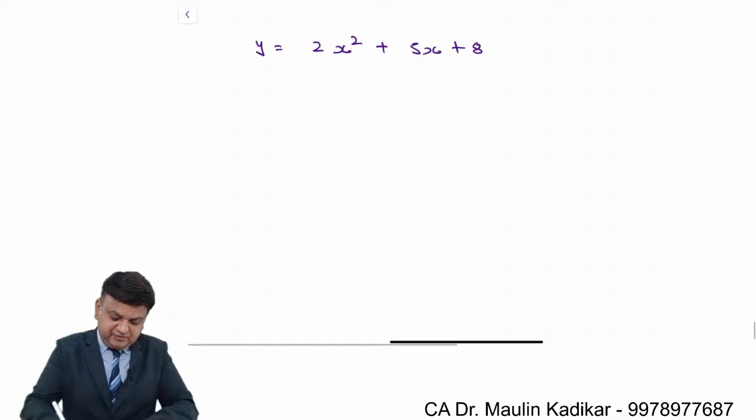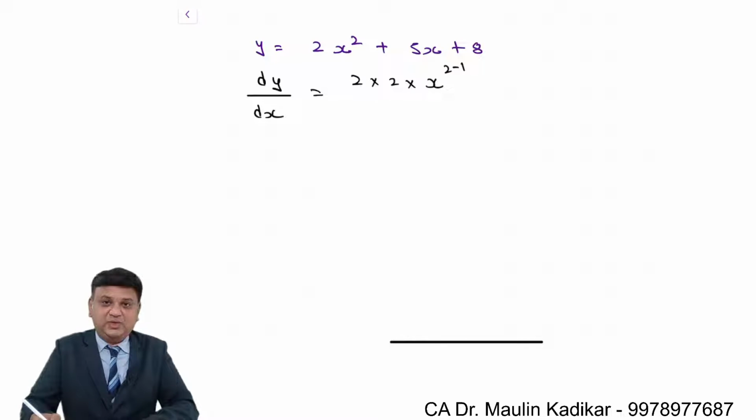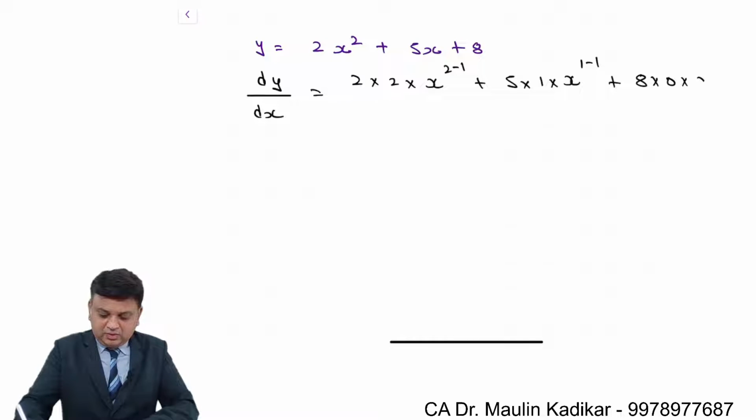Then in that case, we have a derivation like this, dy upon dx. How do you compute dy upon dx? It is 2 into 2 into x raised to 2 minus 1 plus 5 into 1 into x raised to 1 minus 1 plus 8 into 0 into x raised to 0 minus 1.